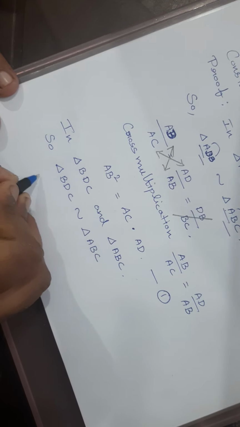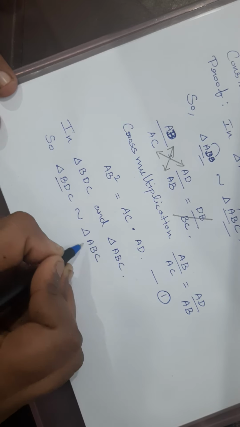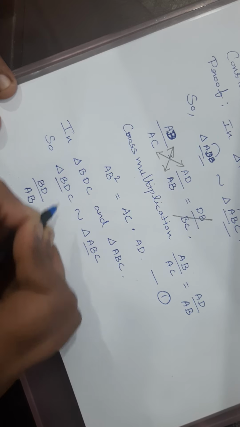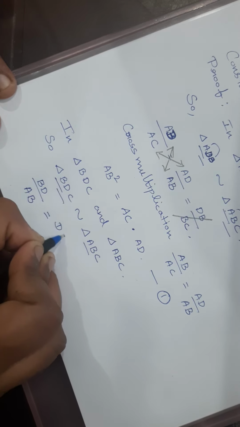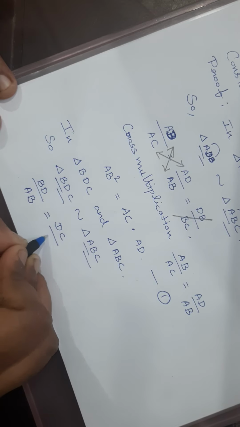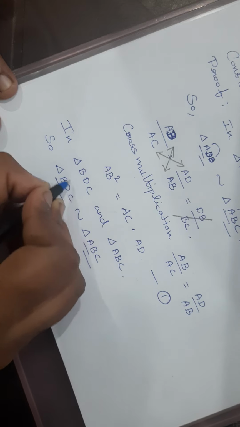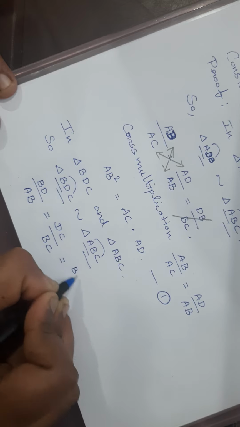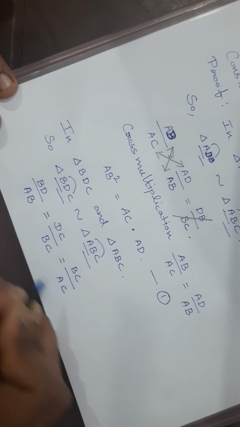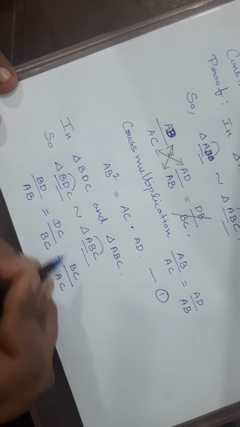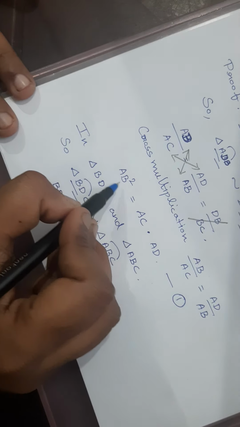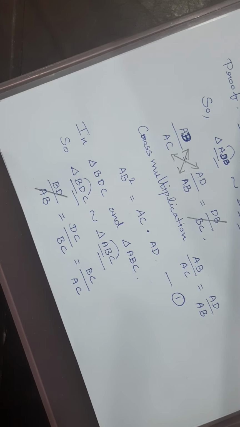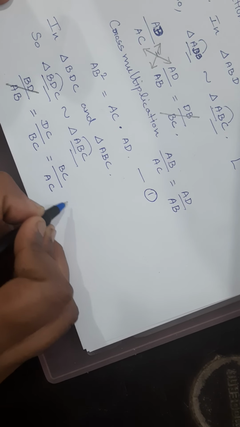So BD upon AB, DC upon BC, BC upon AC. This will give BC square, since AB square you already got. What is the cross multiplication?